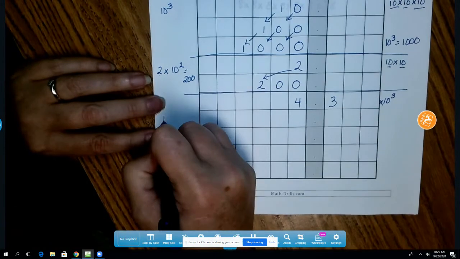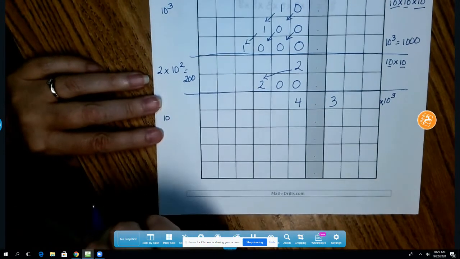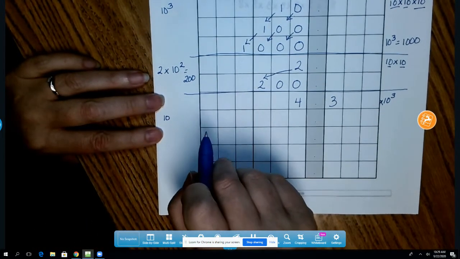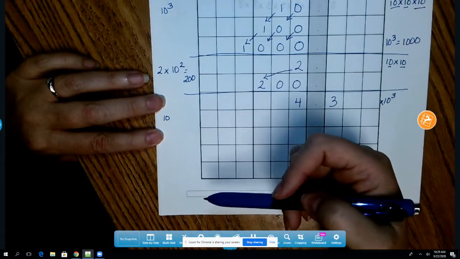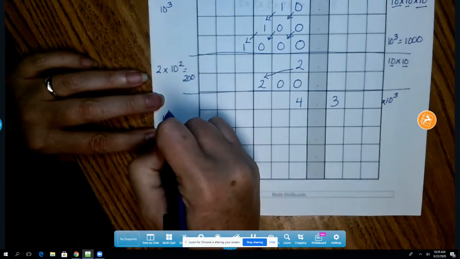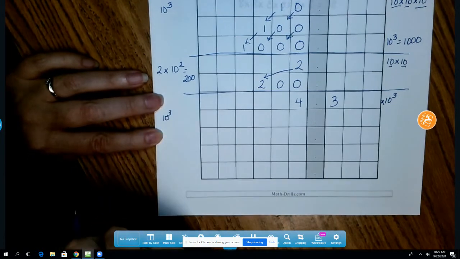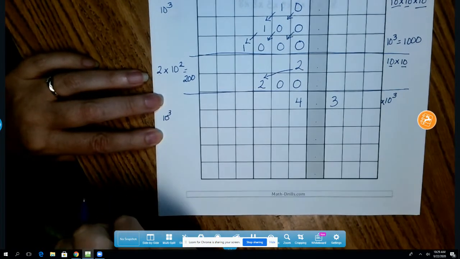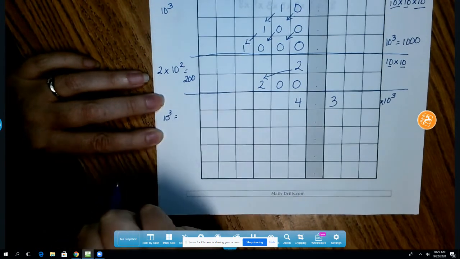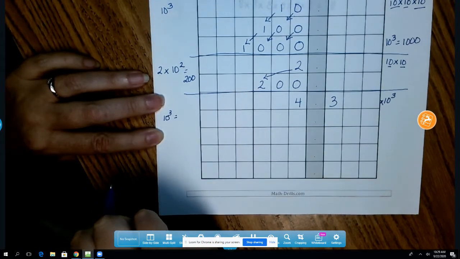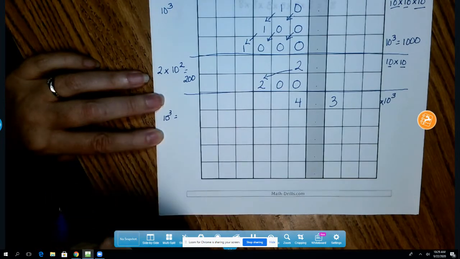You can only do this with tens, okay, or with groups of 10 like 100, okay. The exponent, that's how many zeros are going to be in my answer. So 10 to the third power, I could do 10 times 10 times 10, or this is a trick to do it faster.